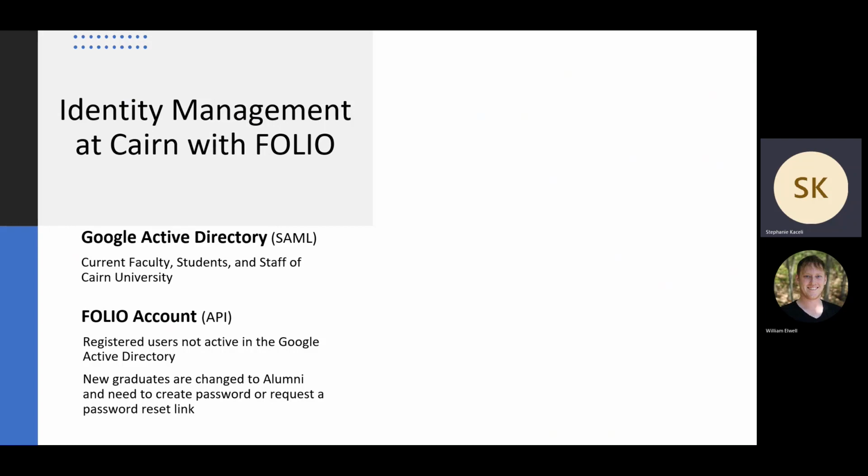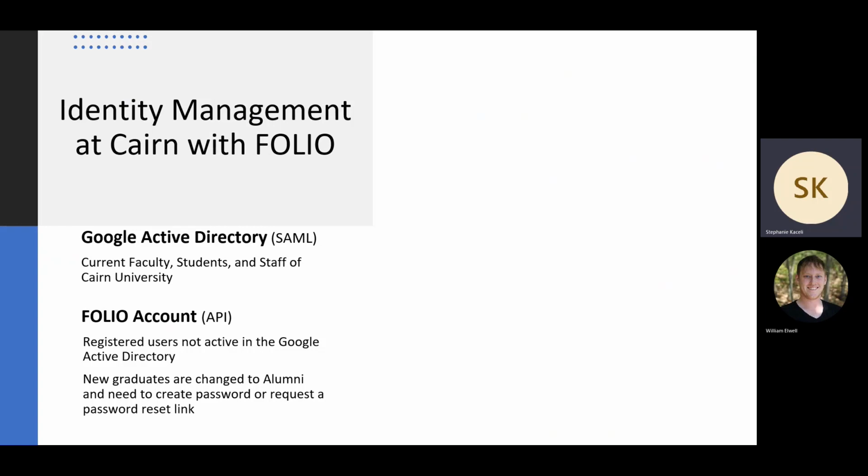We always had our Google Active Directory, which is what authenticates our current faculty, students, and staff. But what about those that aren't in our Active Directory? How can we manage them? And we kind of patched some things together pre-Folio. But really what we were doing is managing generic passwords, and that wasn't a great solution for us.